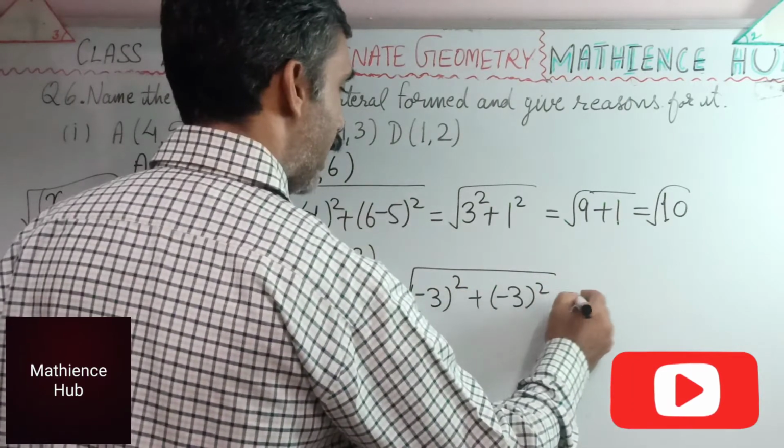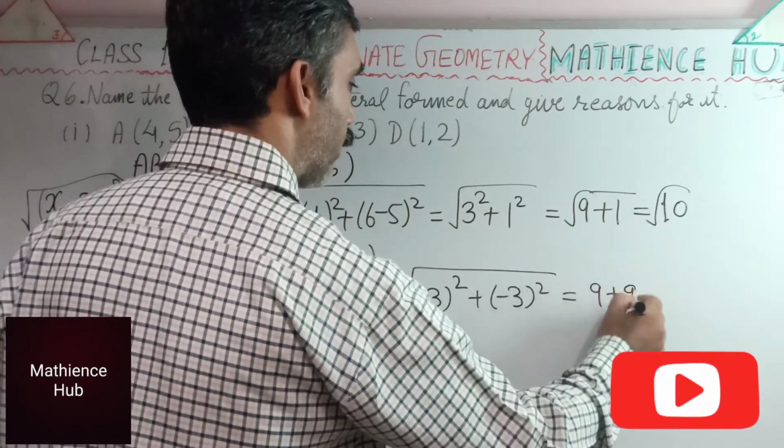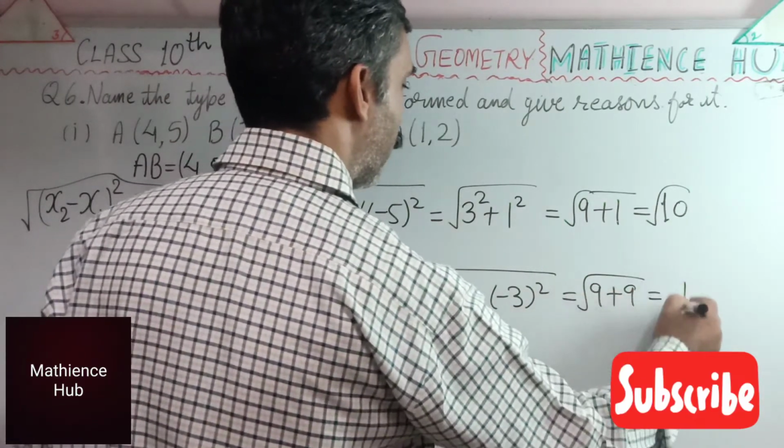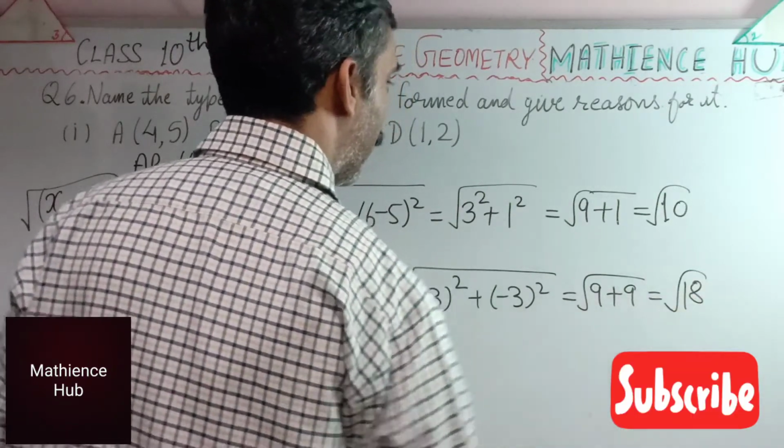Minus 3 square is 9, minus 3 square is 9. We get root 18.